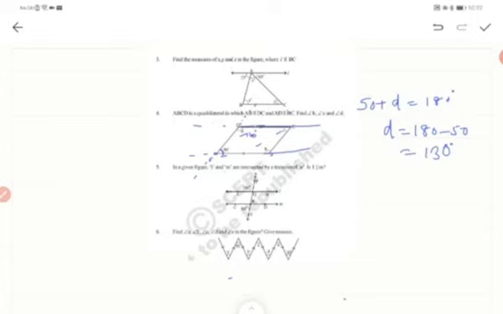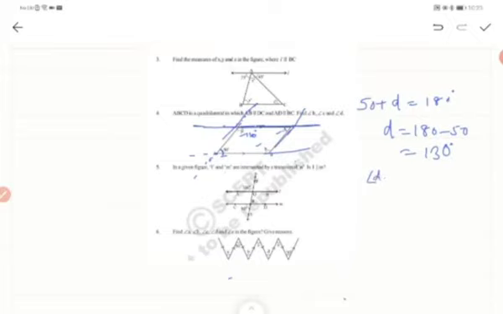Now we can consider these two as parallel lines and this as a transversal. So D and C become supplementary again.